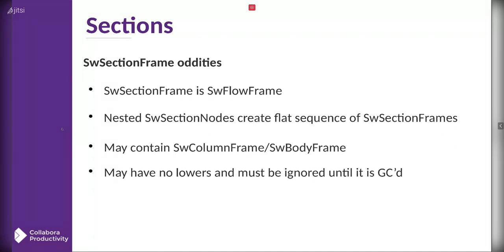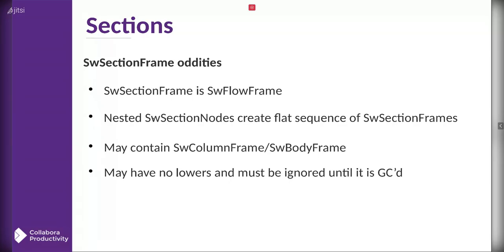Instead, when the inner section begins, the outer section frame ends, and at the same level, you get the inner section frames, so you get a flat sequence. This also means that a section can have multiple master frames, even if it's not in a header or footer, which might be surprising.